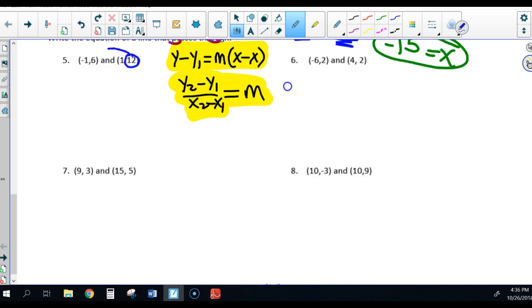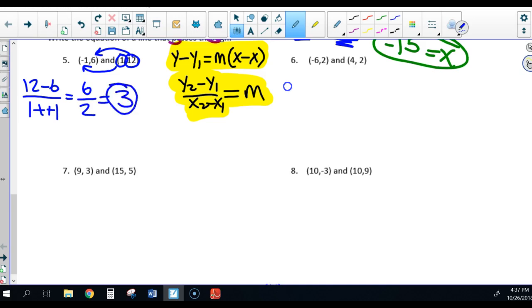Y2 minus y1, so 12 minus 6 over x2 minus x1, 1 minus negative 1. That gives me 6 over 2. My slope is 3. M equals 3.